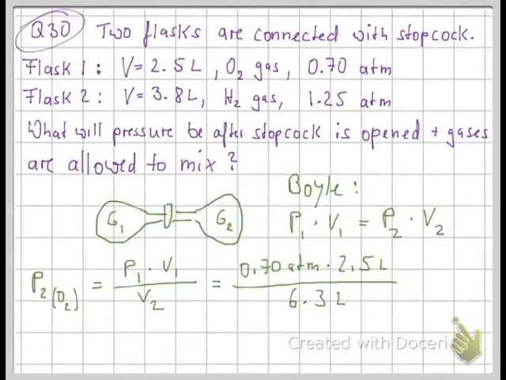I'm getting 0.02, but when I did this calculation before, I had 0.2. Let's try again. 0.7 times 2.5 divided by 6.3 is 0.28 atmospheres.